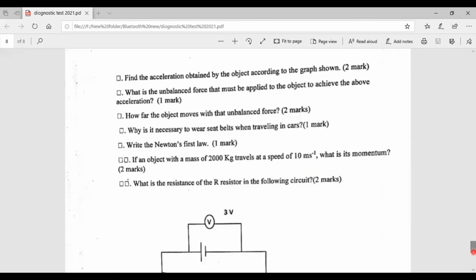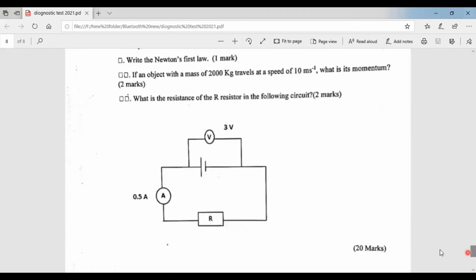Next one. What is the resistance of the R resistor in the following circuit? To find the resistance, you should use V = IR. Here V is the voltage, I is the current, and R is the resistance. They ask about the resistance, so you have to isolate R on one side.